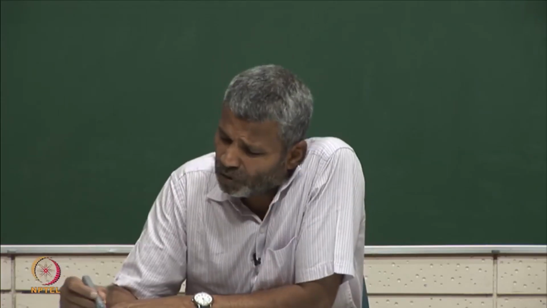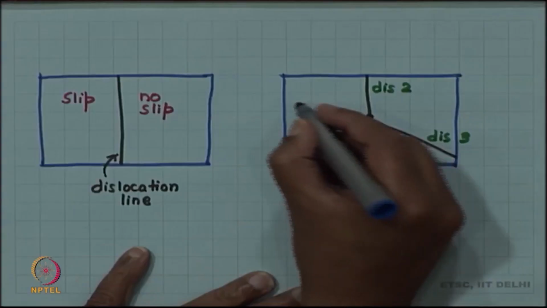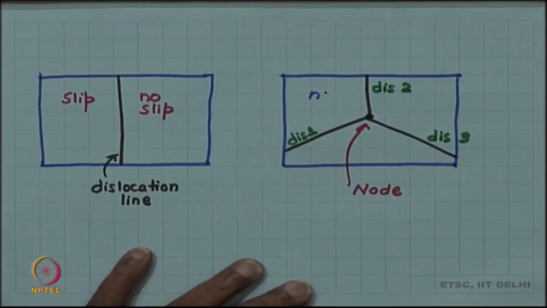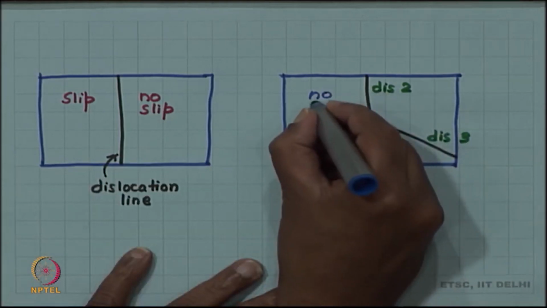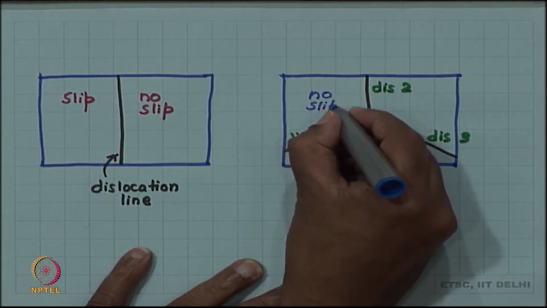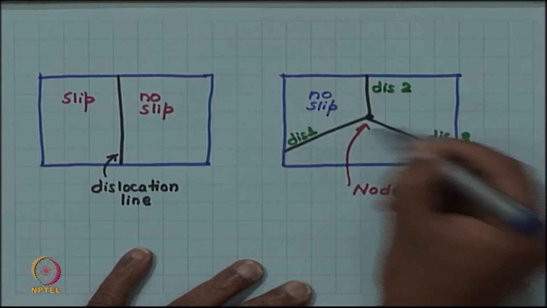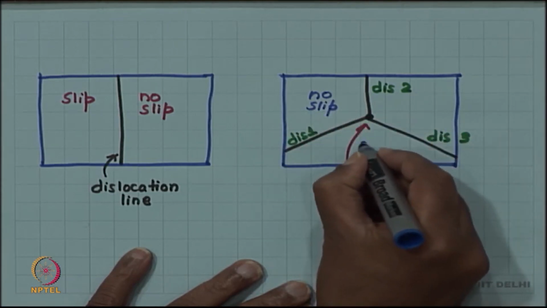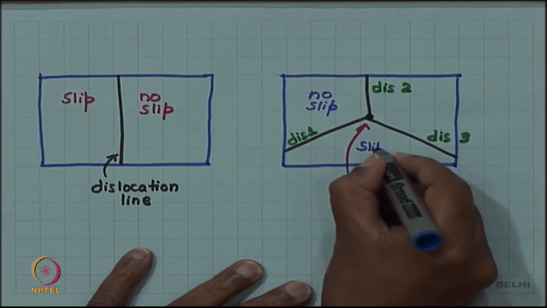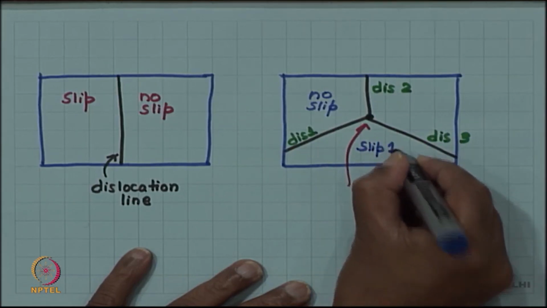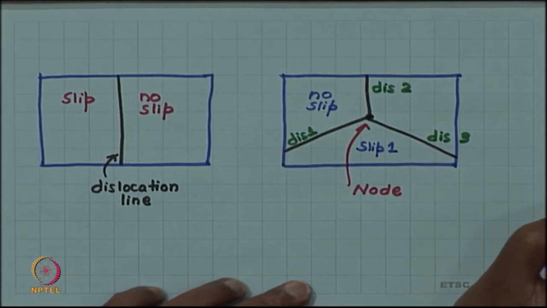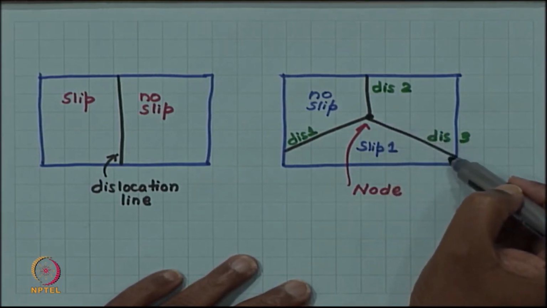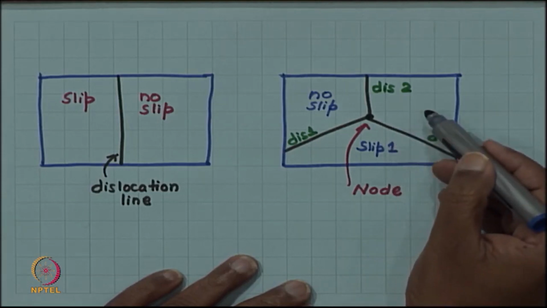So, we can call one of these regions, let us say, a no slip region. So, let me call this a no slip region. Which means if I cross dislocation line 1, I will come to a slip region. So, this will be slip 1. But now, when I cross dislocation line 3, again there should be a slip.